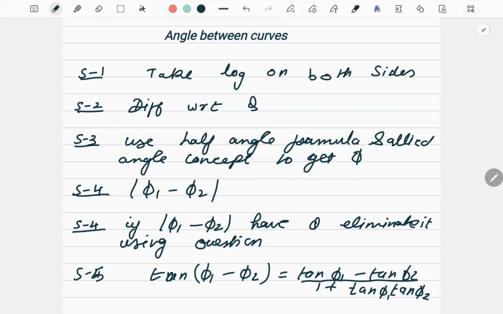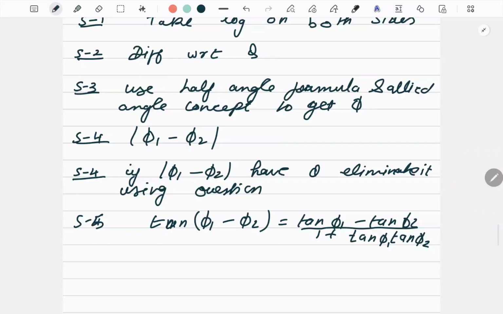So in such a case, when I am not able to extract the value of phi, I will find the values of tan phi 1 and tan phi 2 and substitute them here. So my value of phi 1 minus phi 2 will be tan inverse of this thing. Right? So these varieties will be there while doing the questions.